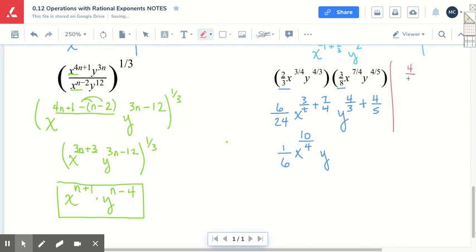So for 4/3 plus 4/5, our smallest common denominator would be 15. So to turn this 3 into a 15, I'd have to multiply by 5. So I do the same to the numerator, so that would be 20.